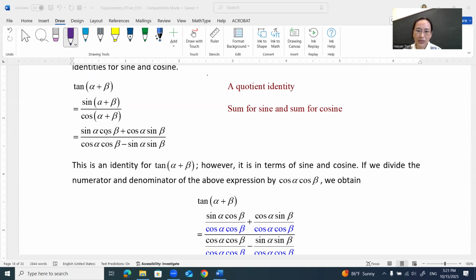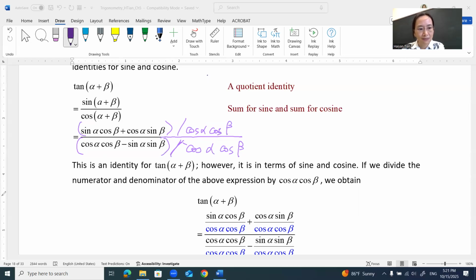And then suppose we divide both numerator and denominator by cosine alpha cosine beta. Once we do, we don't change the value. We just divide both numerator and denominator by the same quantity, which is this cosine alpha cosine beta.